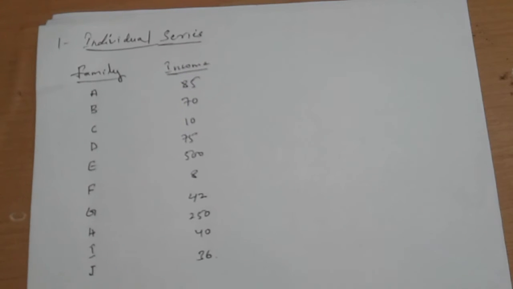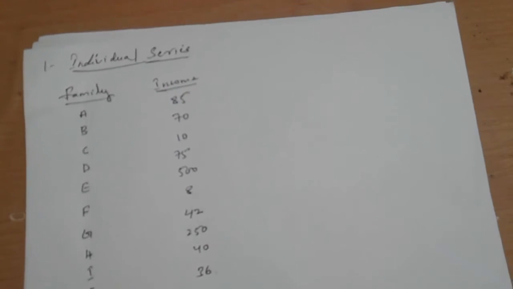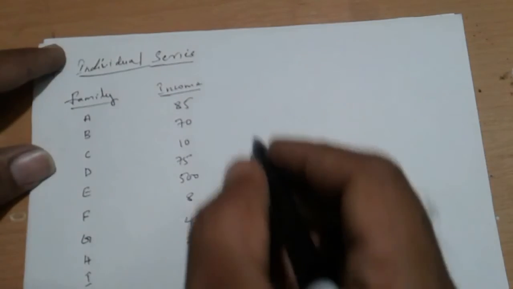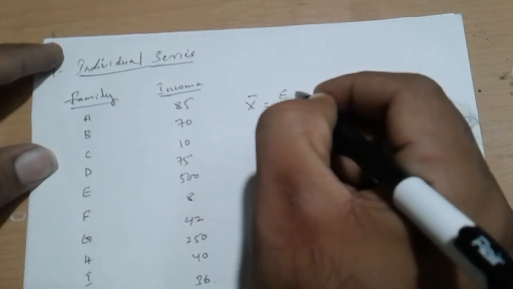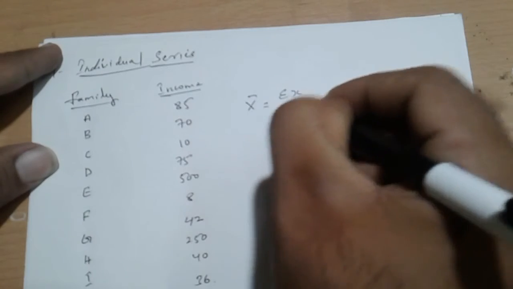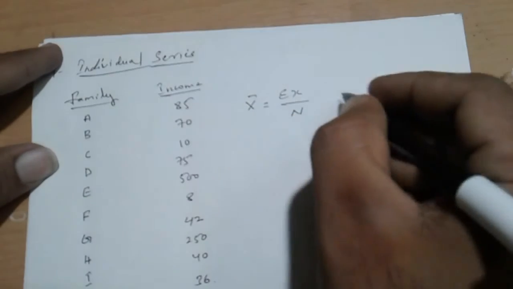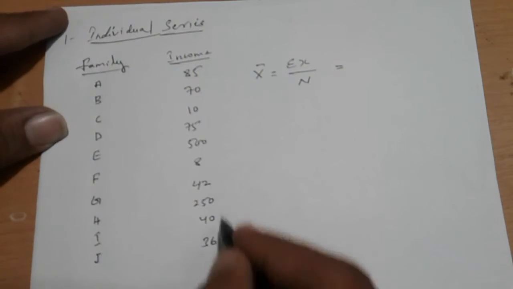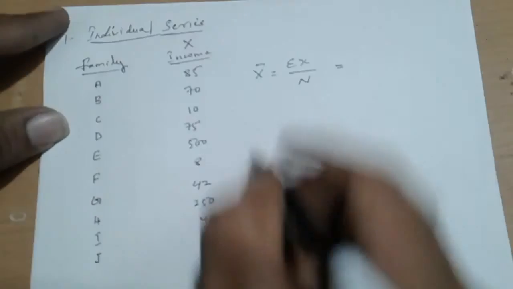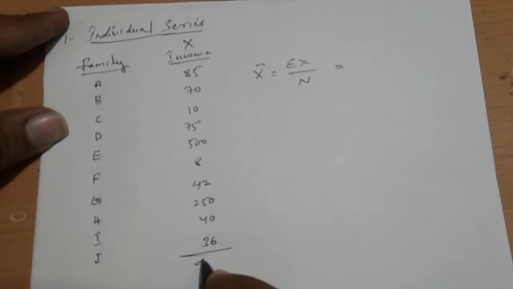Now let's see the formula for mean. The formula for mean is x bar is equal to sigma x divided by n. Sigma means total, sigma x is the total of x.